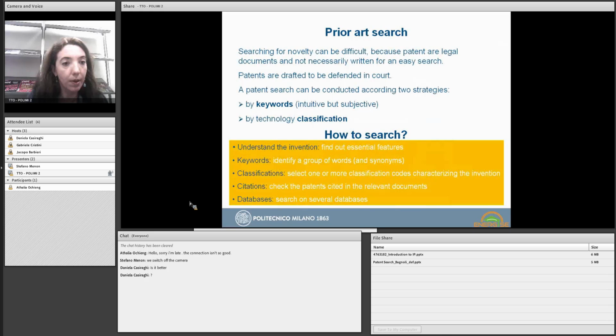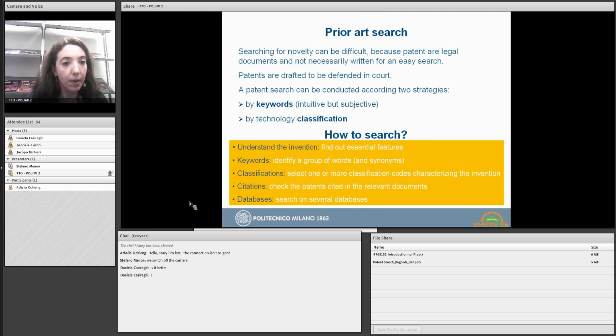For this reason, it's important to search for patents in two ways. Using keywords, that is the easiest way to search for a patent. As you perform internet searches, you can use keywords also to search for a patent.